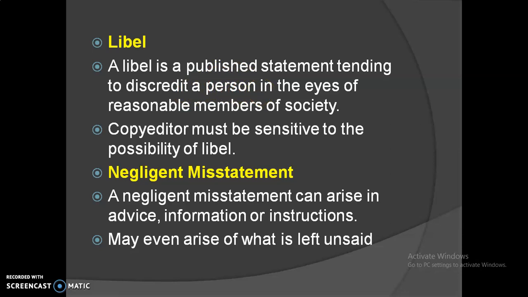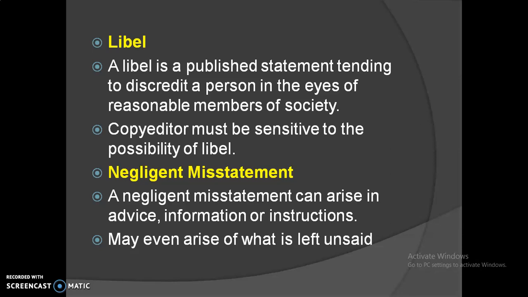To constitute libel, the statement must be untrue, but the burden of proof to the contrary lies with the publisher. A person in this context includes a group of people, a society, a company, and so on, as well as an individual.